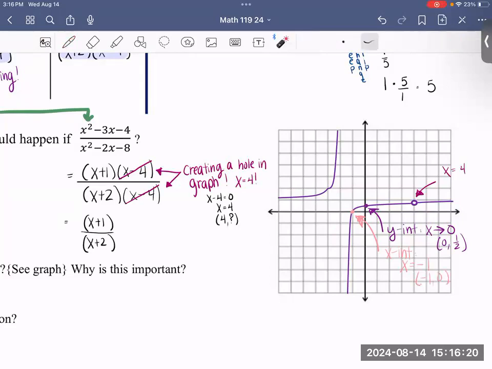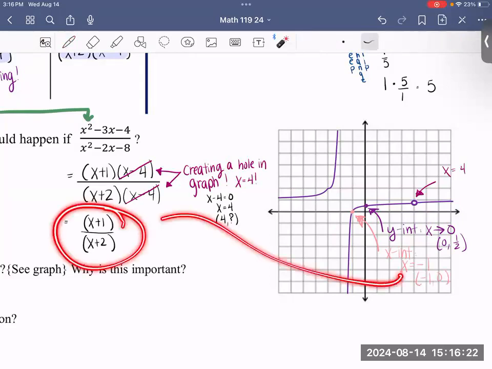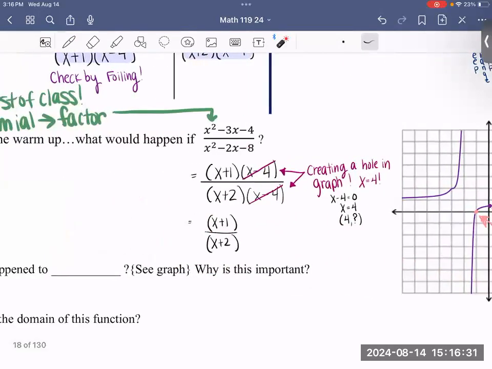Well, taking a look at your simplified form might give us that suggestion. Your numerator is x plus 1, so there's probably some connection there. So if we're looking at your x-intercept, your numerator provides your x-intercept.